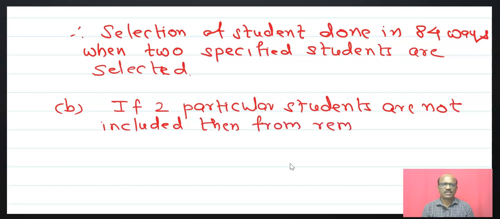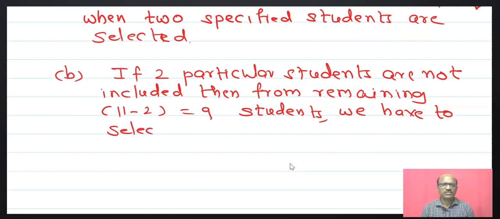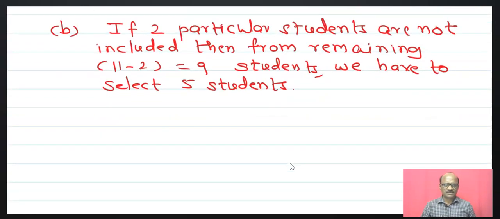From the remaining, that is 11 minus 2, you will get 9, and from the 9 students we can select 5 students, therefore 9C5.